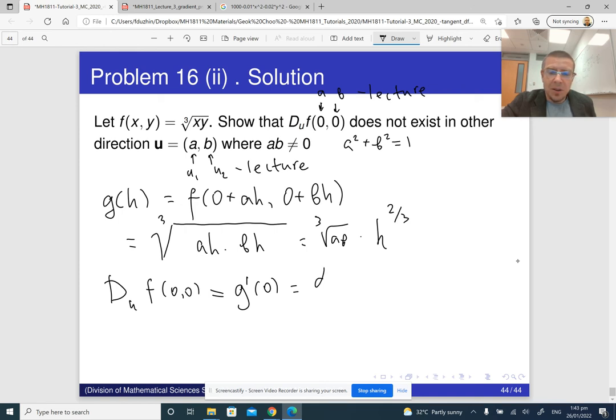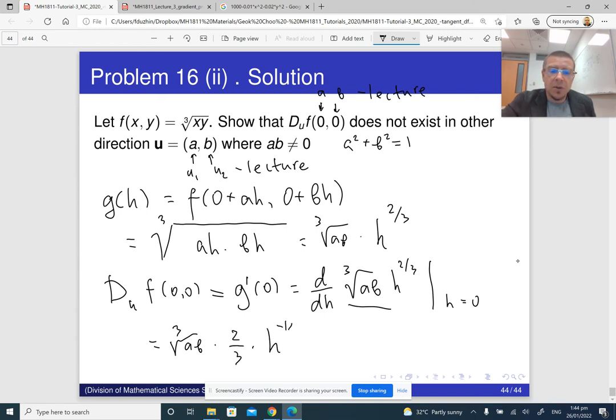So d over dh of the cube root of ab, which is a constant, times h to the power 2/3. When I differentiate it, I get 2/3 times h to the power minus 1/3. And then I need to substitute h equal to 0.